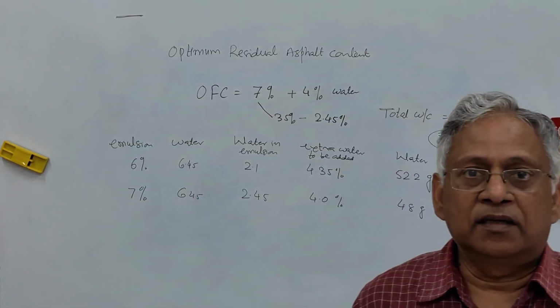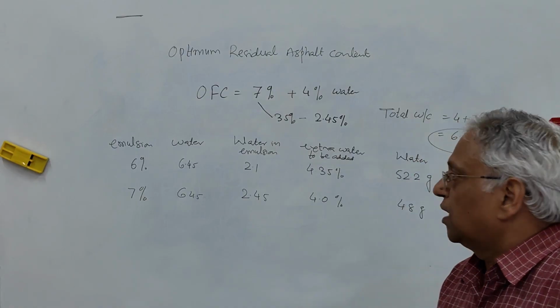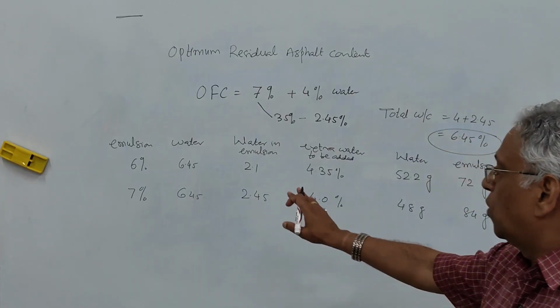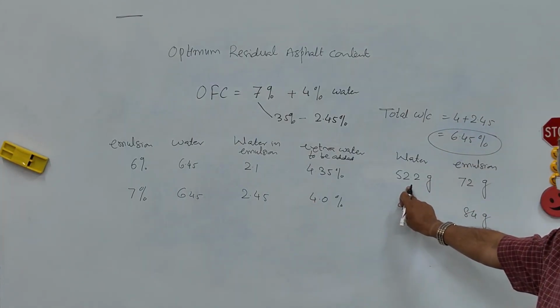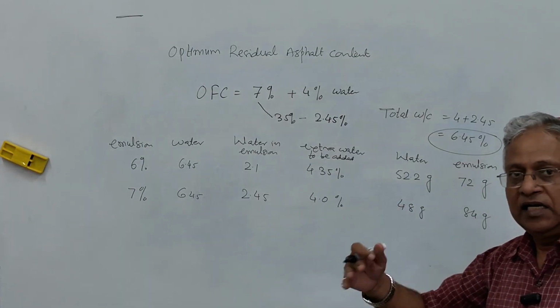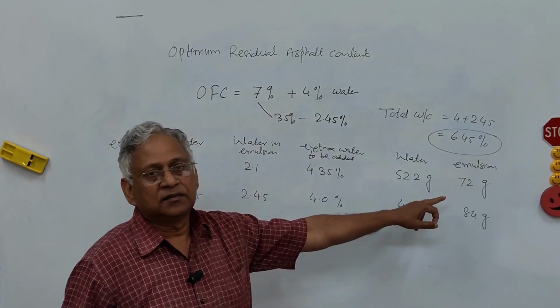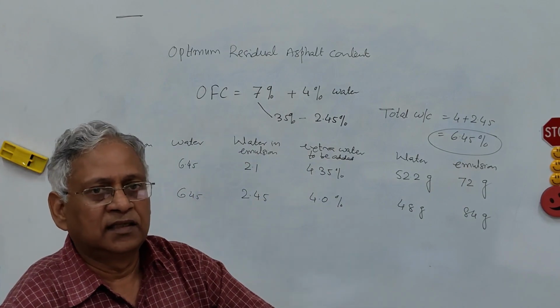Now prepare the specimen as we do in a normal case. Take 1200 grams of dry aggregate and add 52.2 gram of water at 22.2 degrees centigrade. Mix it properly as we have done in the case of the compaction test, and then add emulsion in a very thin layer and mix it properly so that you get a uniform mix.